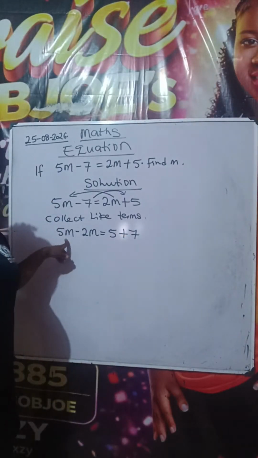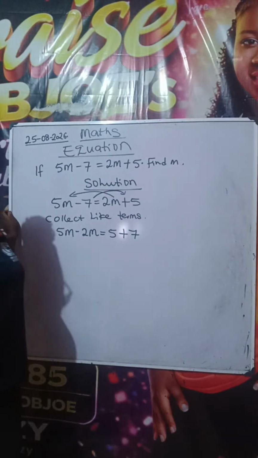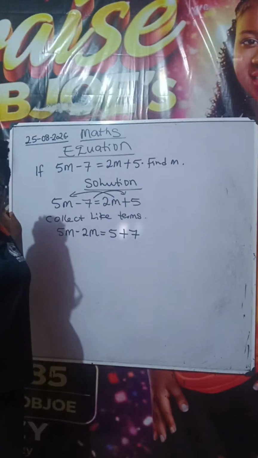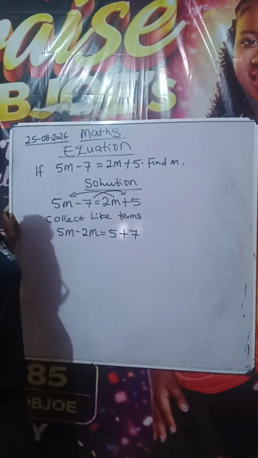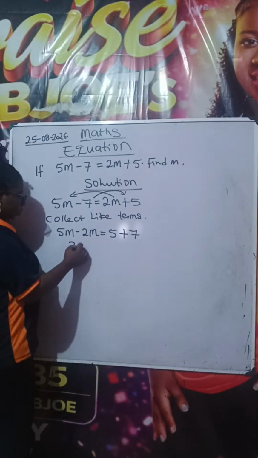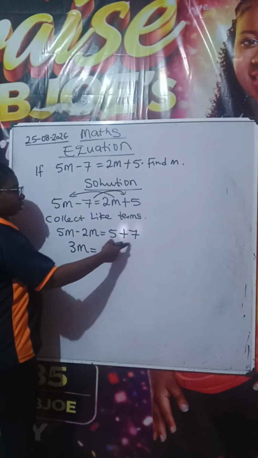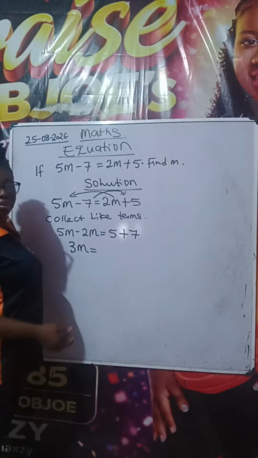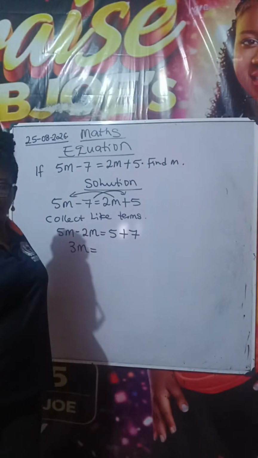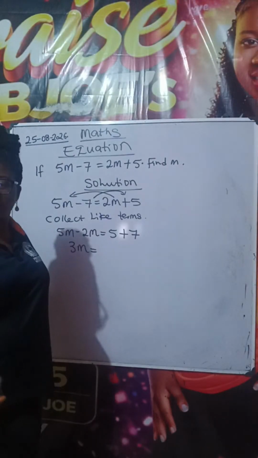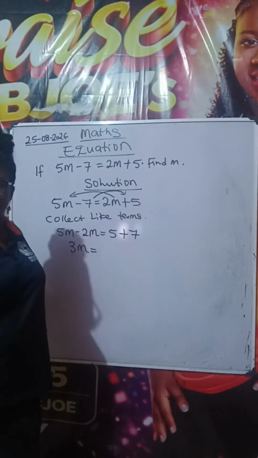Then 5m minus 2m, what do we have? So we have 3m equals 5 plus 7, and that will give us how many? When you add 5 plus 7, we are getting 12, correct?